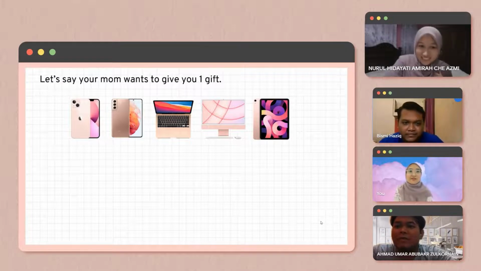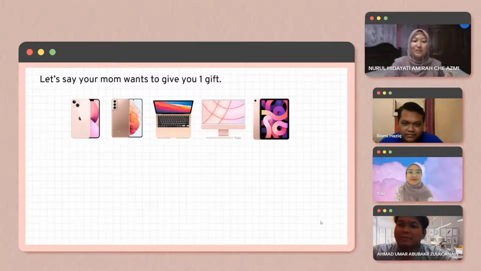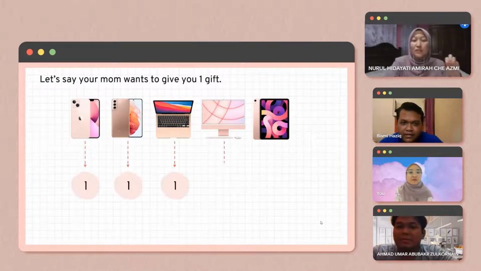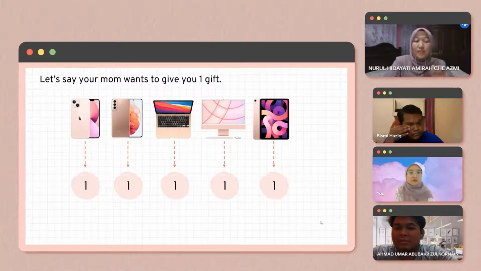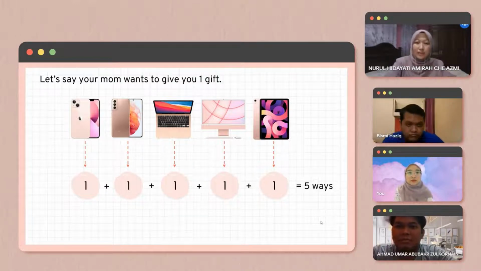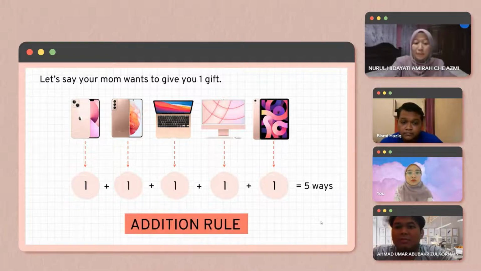Good. Each of the choices has only one way, so we just add all of it and we get 5 ways. In this situation, we apply the addition rule.